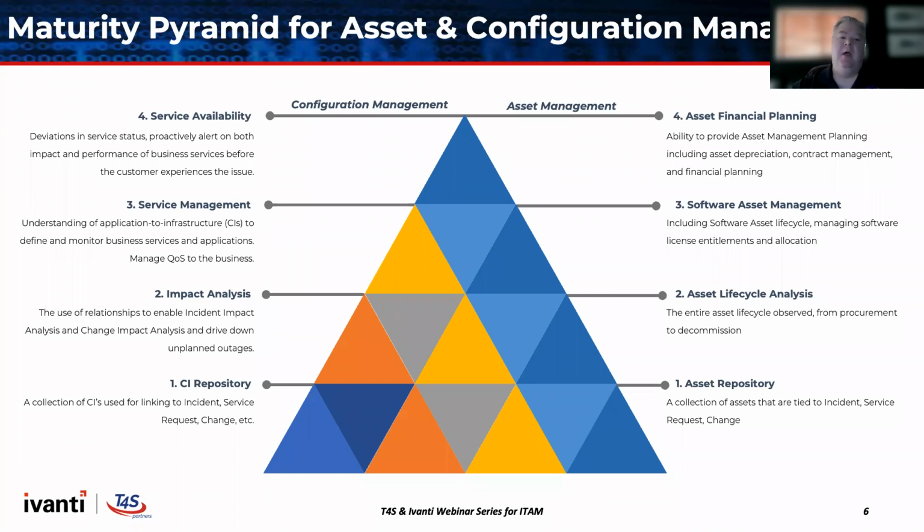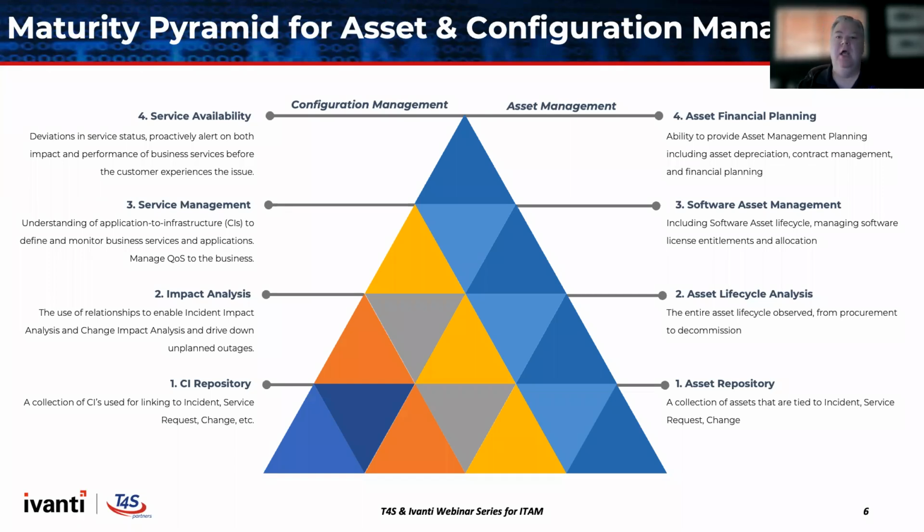From an ITSM, from a CI perspective, we can tie those assets or CIs to various ITSM processes like incident, service request, other kinds of things like that. We can also understand requests for change and other things like that, which can all play a role in leveraging that information, right? But as we want to drive additional value, we begin to move up that pyramid.